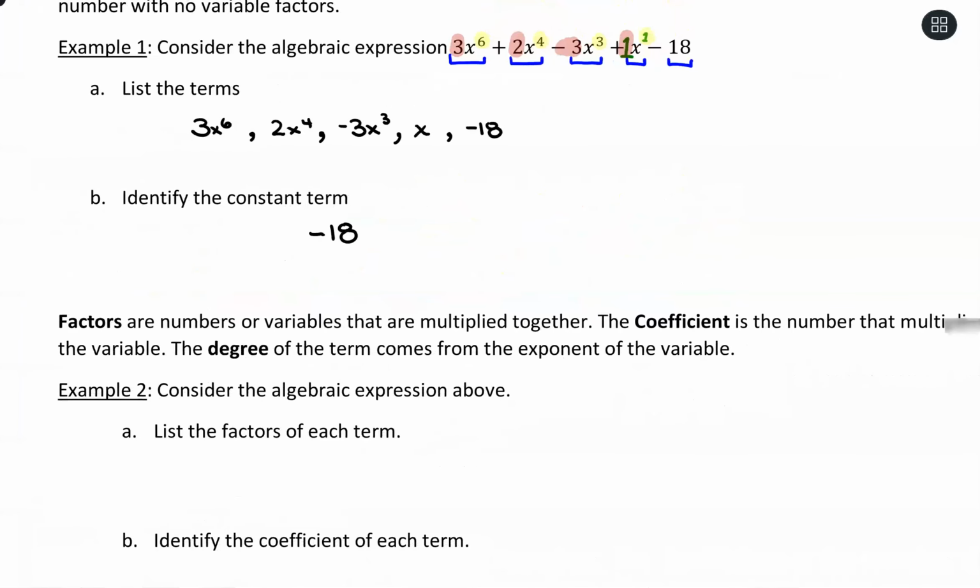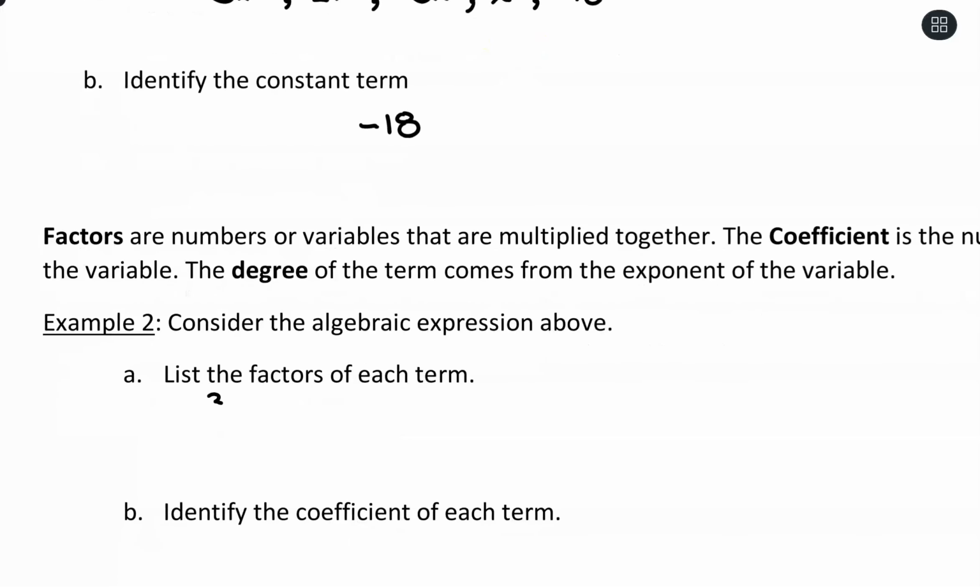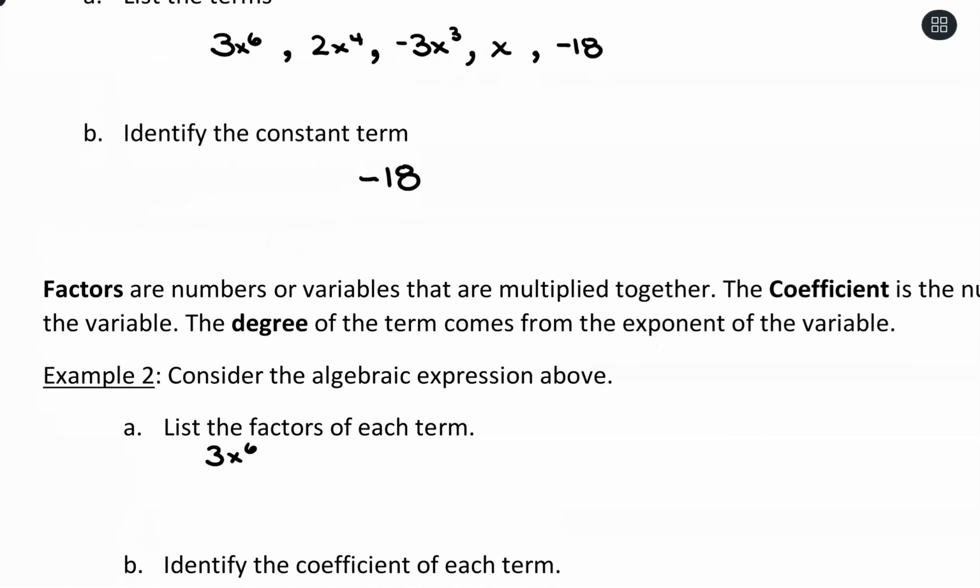So let's go and actually list the factors of each term. Let me start by listing out the terms. So we have 3x to the 6th, 2x to the 4th, negative 3x cubed, x, and negative 18.